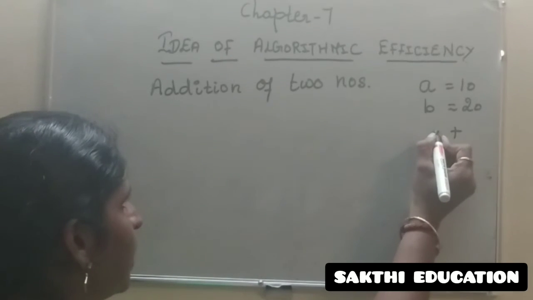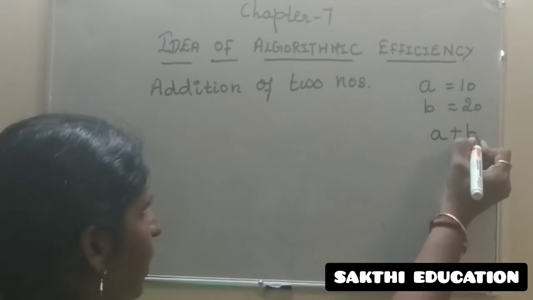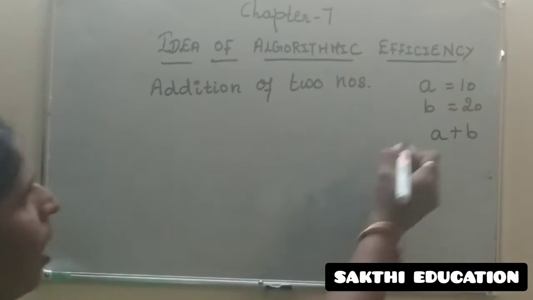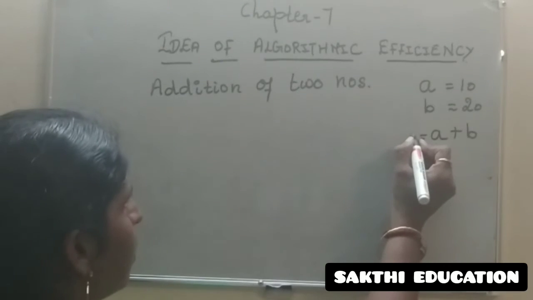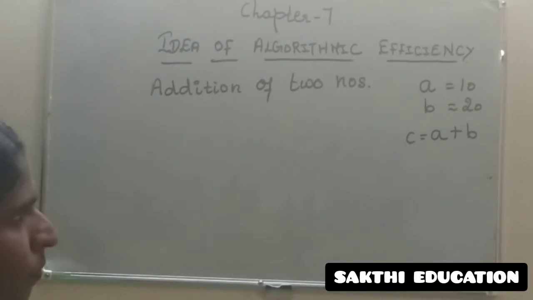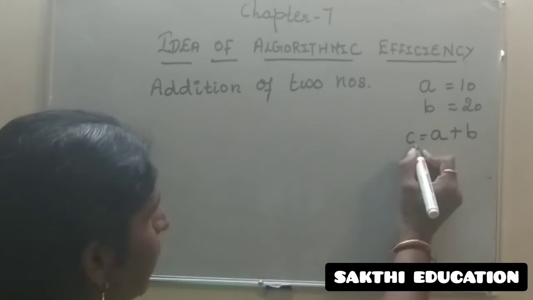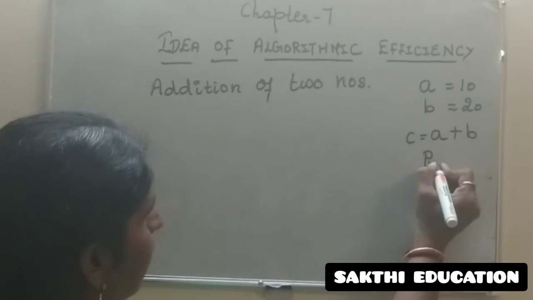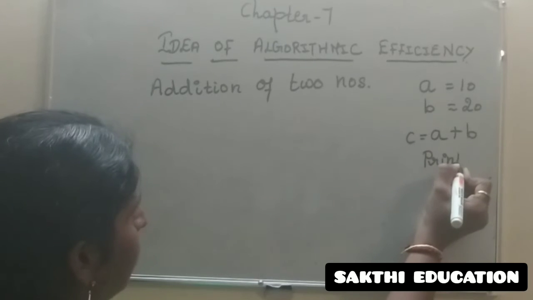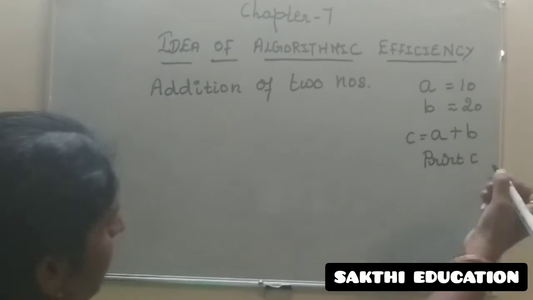The a and b variables should be added, and then the result will be stored in some other variable. Here I am using c. Then the result will be stored in c. Display that result by using the statement print c.